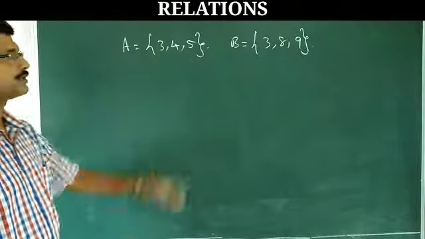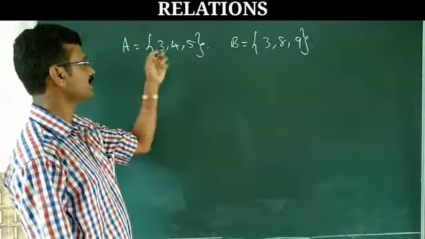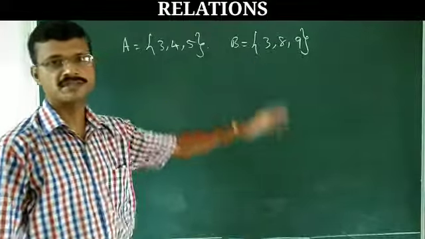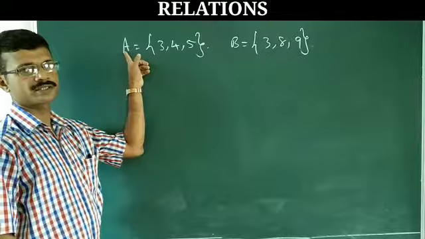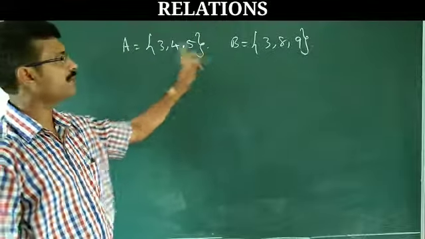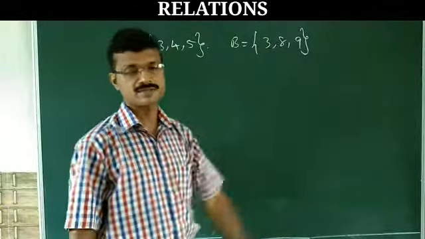A and B are specified non-empty sets, here 3 elements and here also I have taken 3 elements; any number of elements is possible. So if I go for the cross product, I will have 3 into 3, 9 elements.